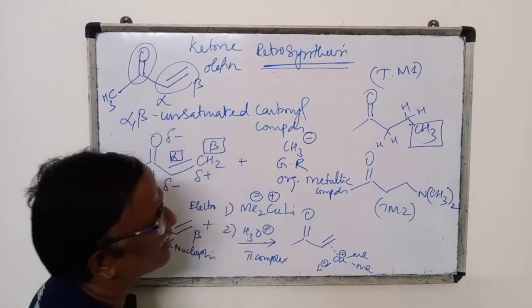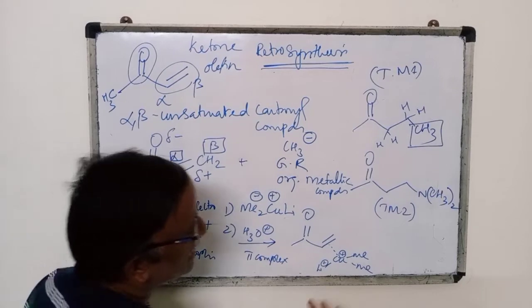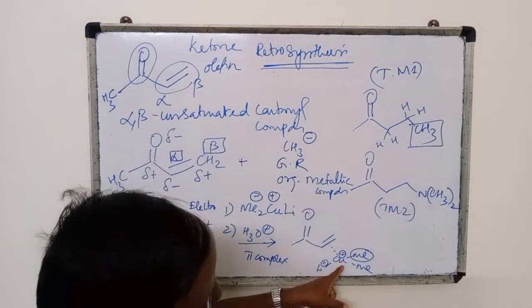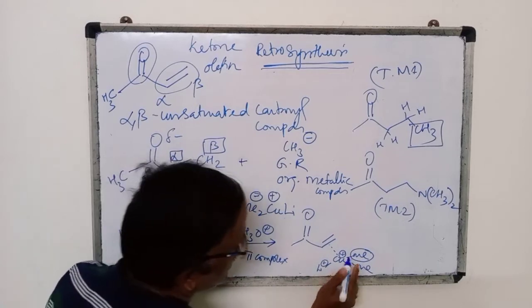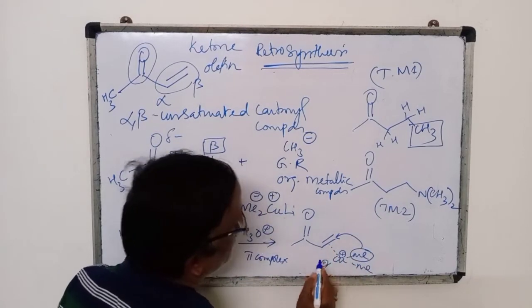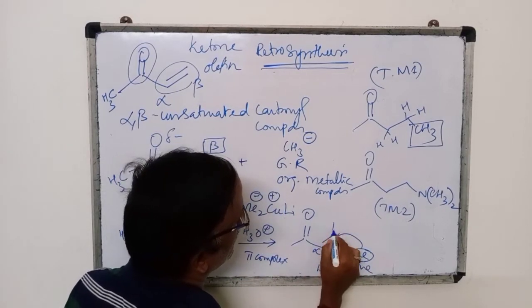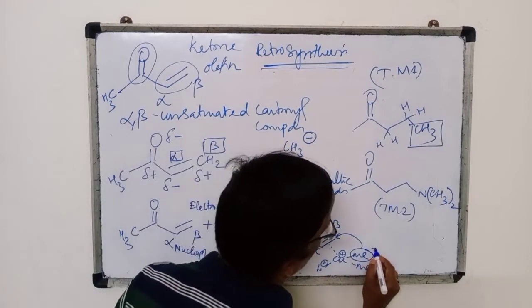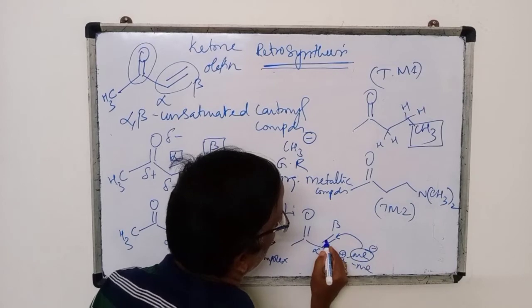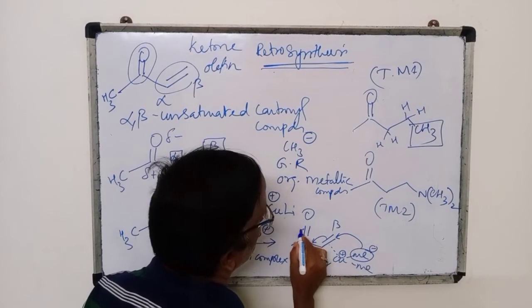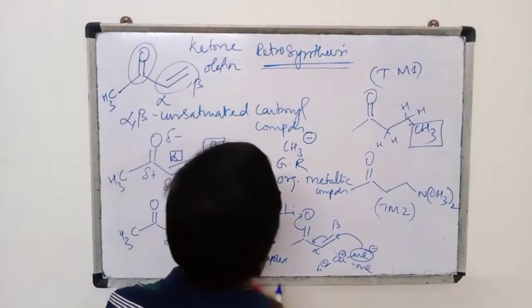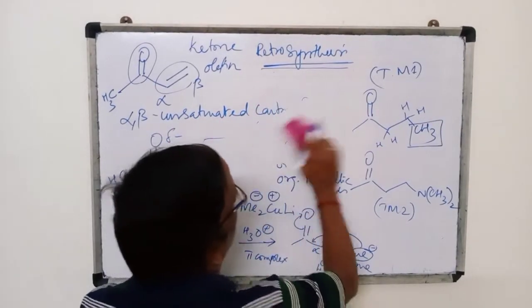I'm not going to discuss that intermediate. Rather, I just want to tell you that this methyl group, which is present on the copper, gets migrated and attacks the beta carbon. This is your alpha carbon and this is the beta carbon. The charge on this methyl group is negative, so it adds and shifts the double bond. So you will be getting this kind of intermediate.